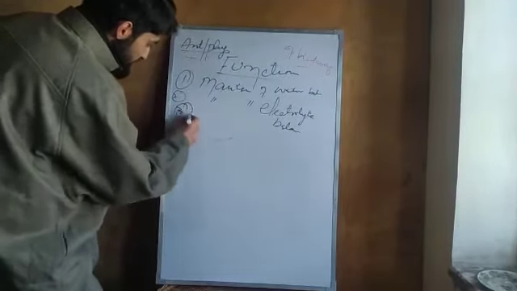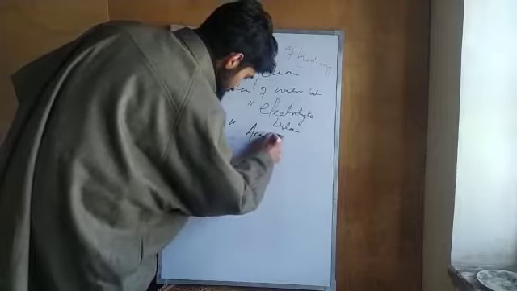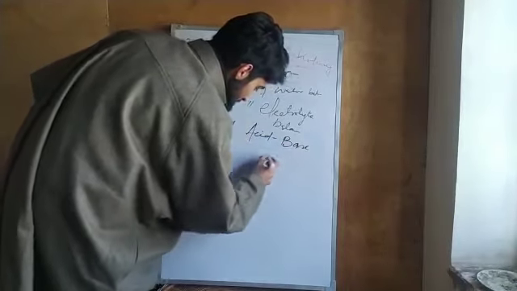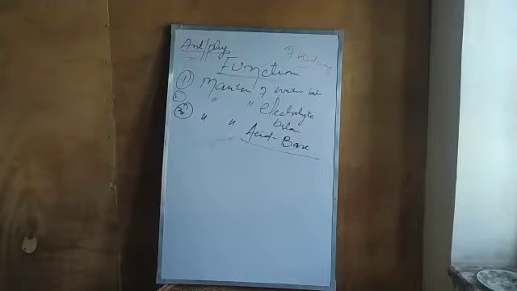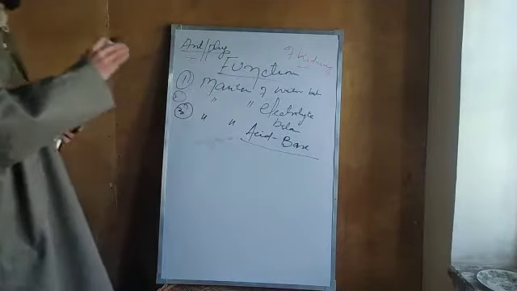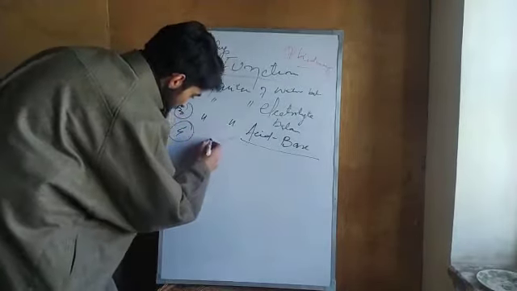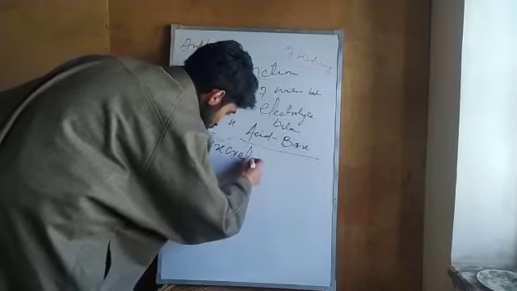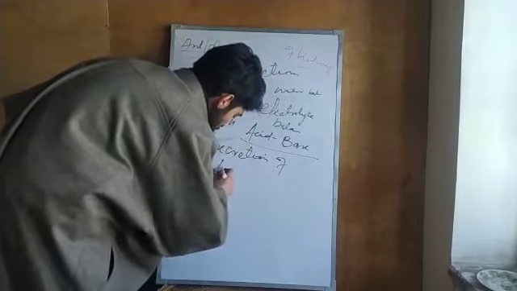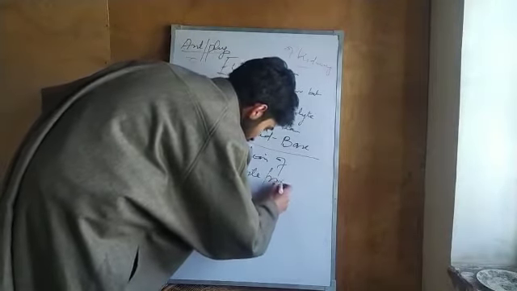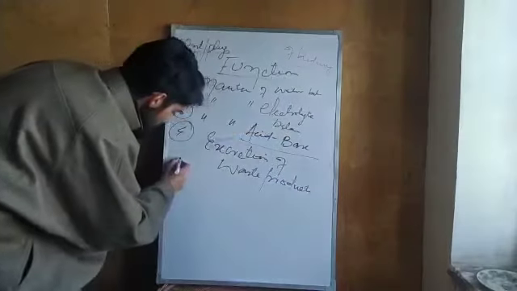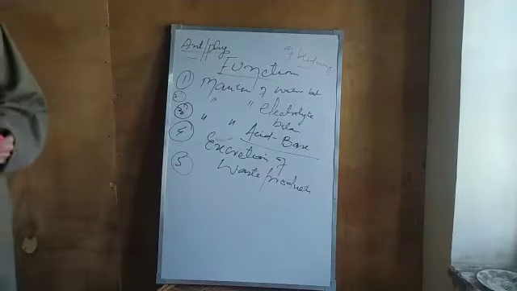The third is that it helps us in the maintenance of acid-base balance, in which the kidneys play an important role. The fourth function is that it helps in the excretion of waste products; our kidneys help remove all the waste products.